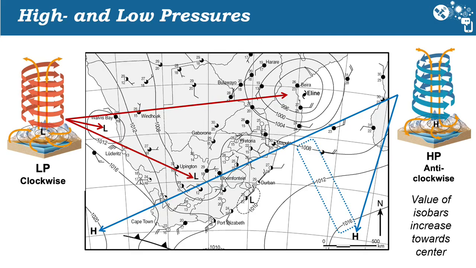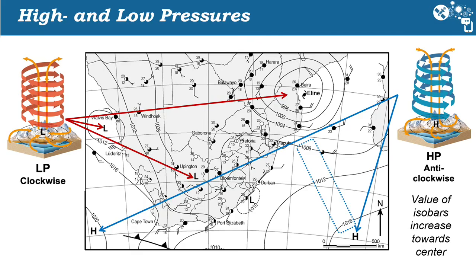With a low pressure cell, your air is rising, and there is circulation of air within the cell. Notice the terminology I'm using, the circulation of air. I'm not speaking about movement. Movement of air is in a straight line. That is northwesterly winds, southeasterly winds. When we speak about the movement of air within a low pressure or high pressure cell, we speak about circulation.